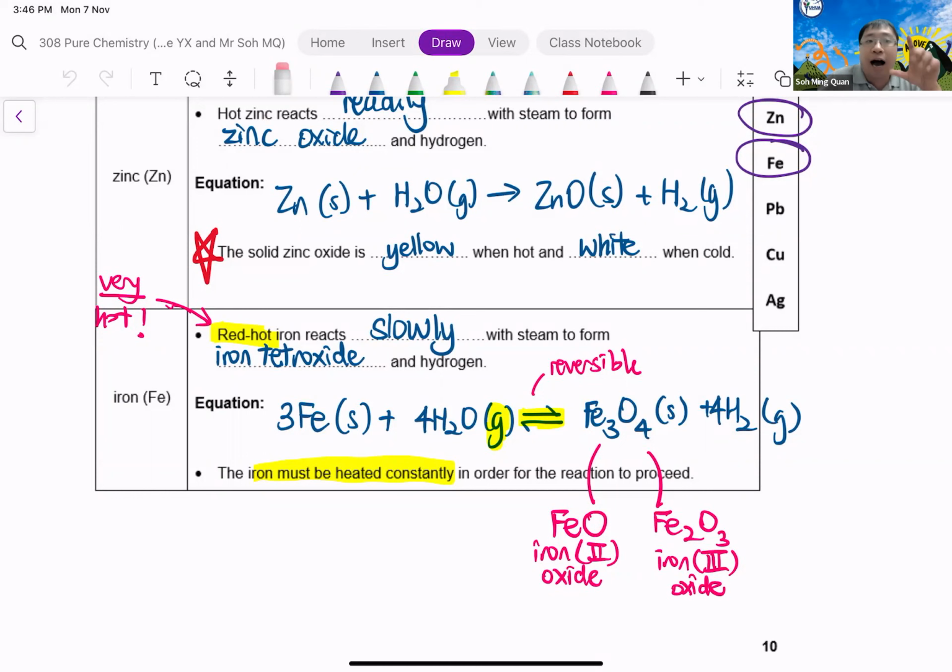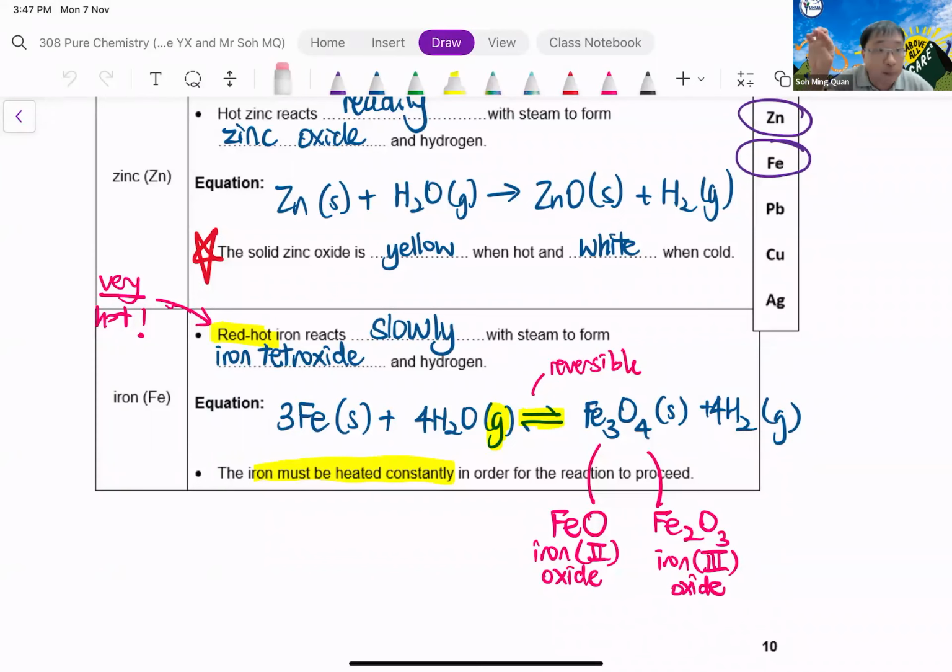This means that within the ionic lattice, there are actually two different ionic compounds, but they are now chemically bonded together. Okay, we won't go into the details of this because obviously it's more complicated study of the crystal structure. But just know that for iron, it forms Fe3O4 when it reacts with steam. Now, this is also a reversible reaction.